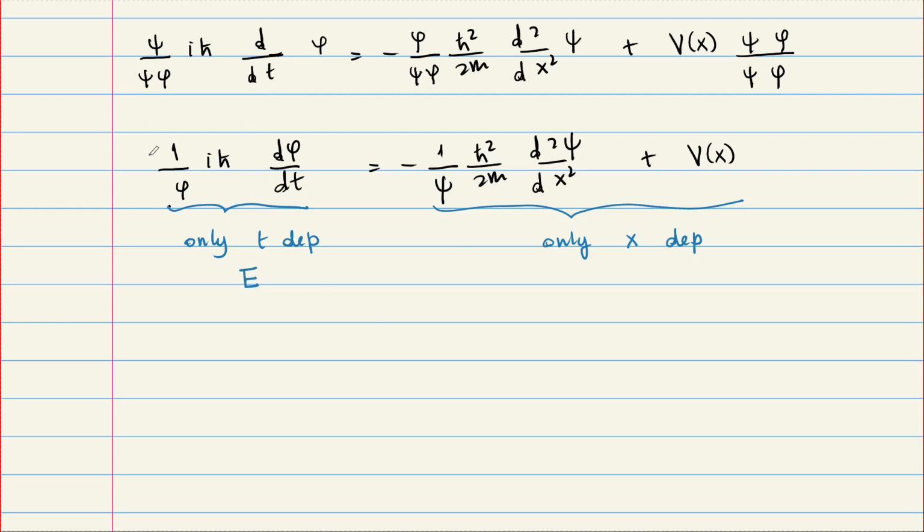So this entire thing is equal to E, or I can write it like: i h bar d psi dt is equal to E times phi, and the same thing here: minus h bar squared over 2m d squared dx squared of lowercase psi plus V of x lowercase psi is equal to E psi. Good.